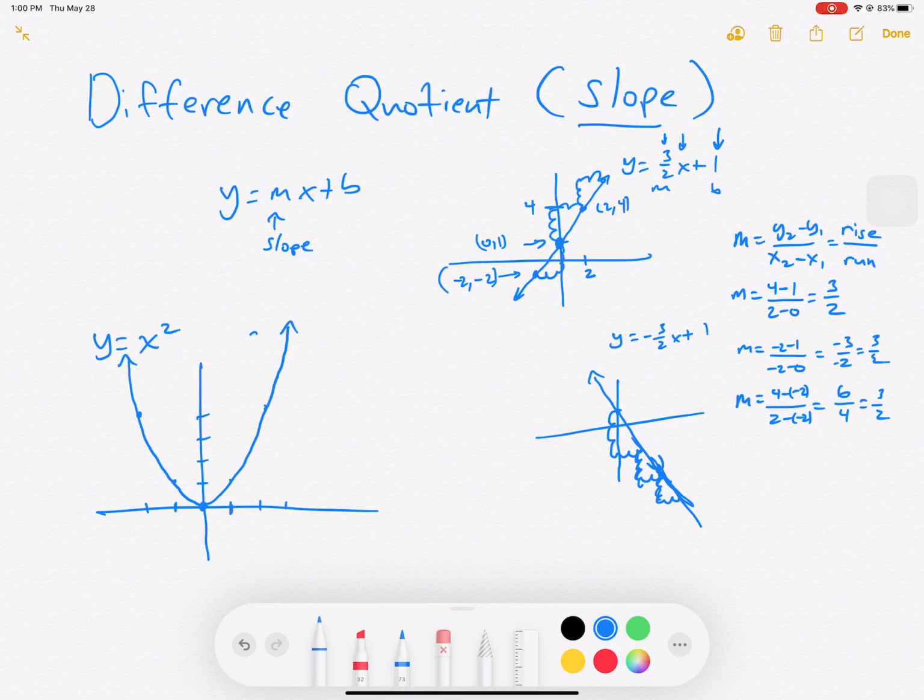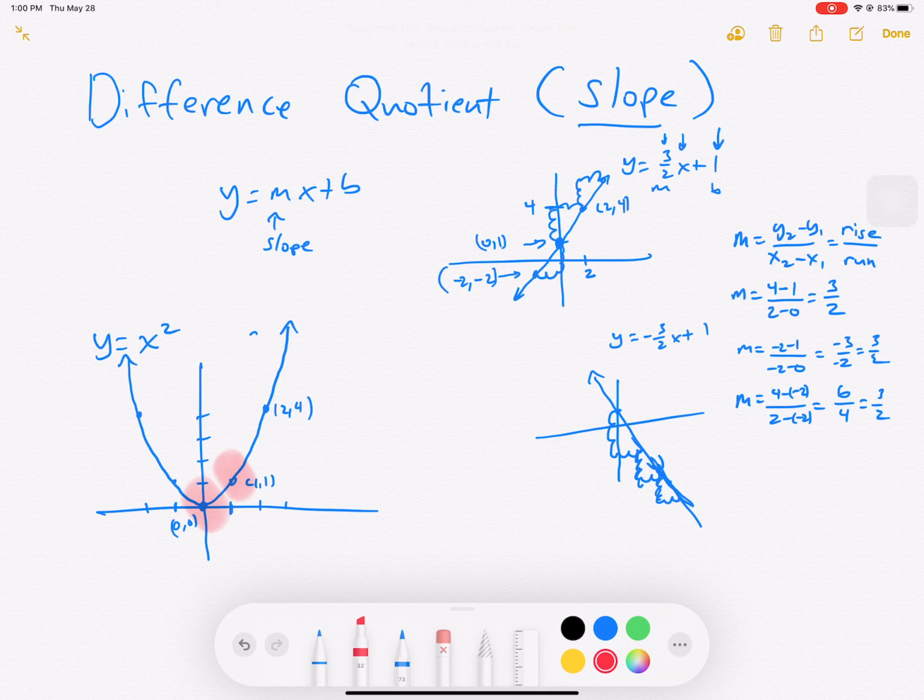Now, if I try this with my parabola here on my left, one point is (2, 4). Here is going to be (0, 0). If I pick 2 points, would it give me the same slope throughout the whole graph? So let's pick these 2 points right here.